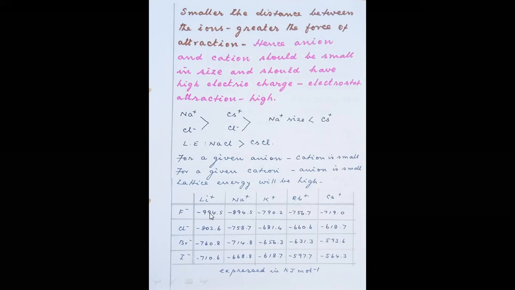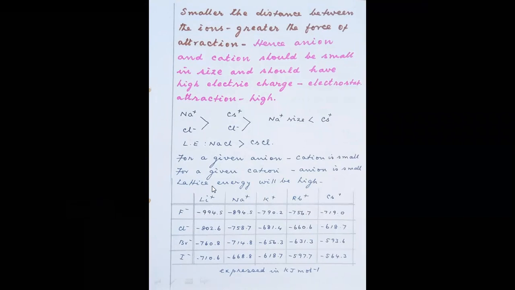Lithium is the smallest, cesium is the biggest, but I keep the size of the anion constant. For lithium, the lattice energy is minus 994.5. When the size slightly increases, lattice energy decreases. When the size further increases, lattice energy further decreases. For rubidium, still lower. For cesium, the least.